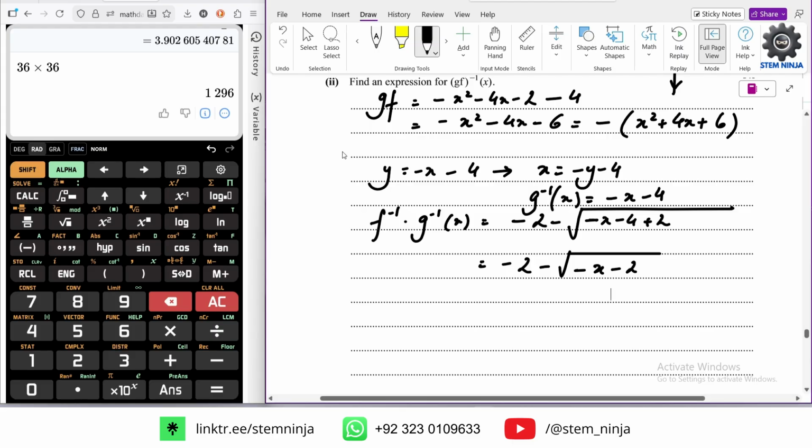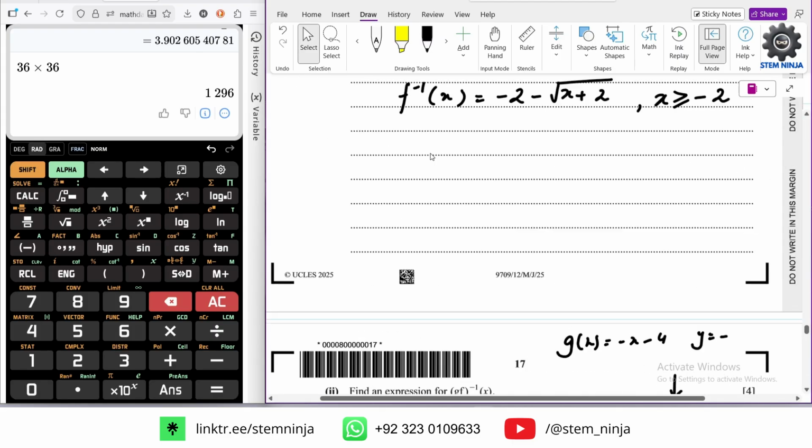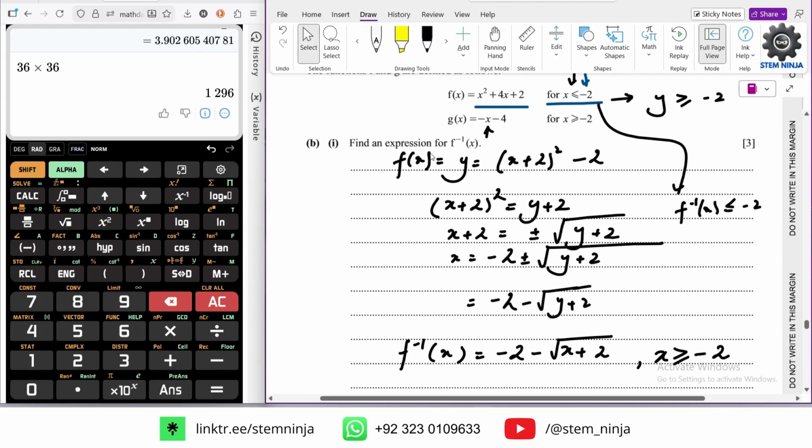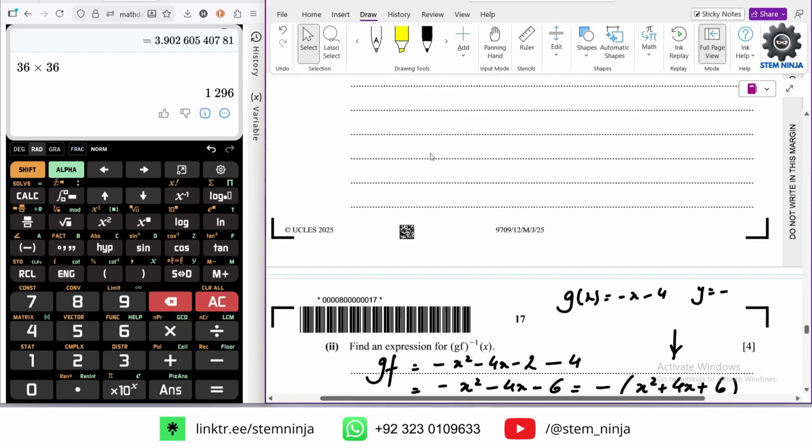But the x value has to be chosen, the domain has to be chosen specifically.